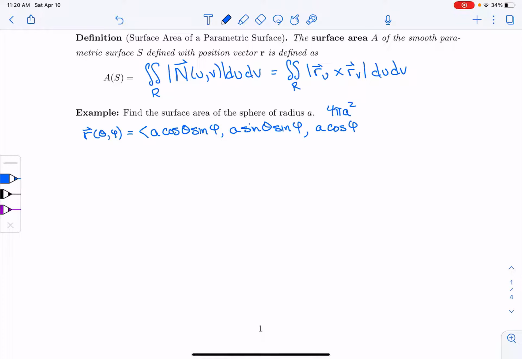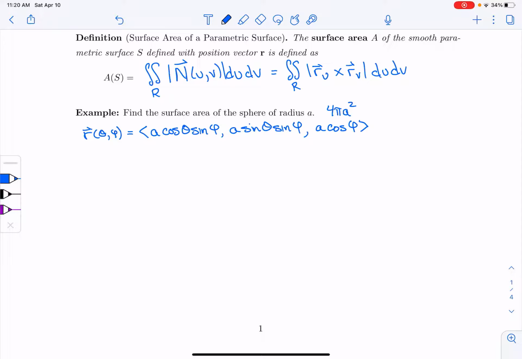So that is our parameterization of the sphere. And then what we want to do is apply our surface area double integral to find the area of that sphere.